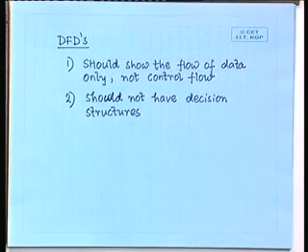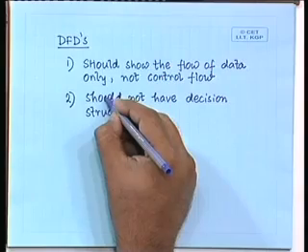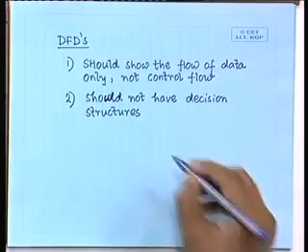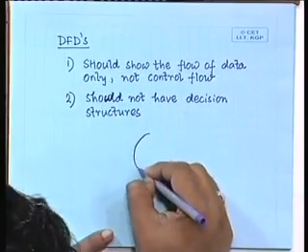decision structures. Decision structures, see, this is another thing. Many a time we are more interested in showing some sort of a decision structure. For example, let us try to draw some decision structure.